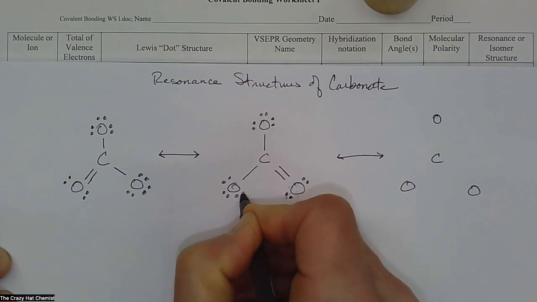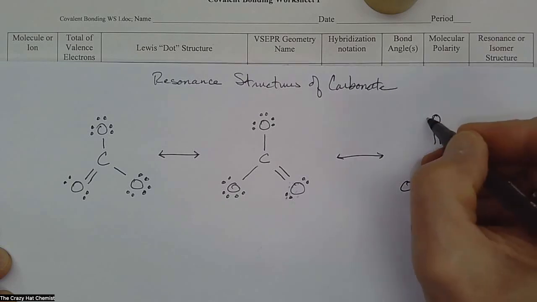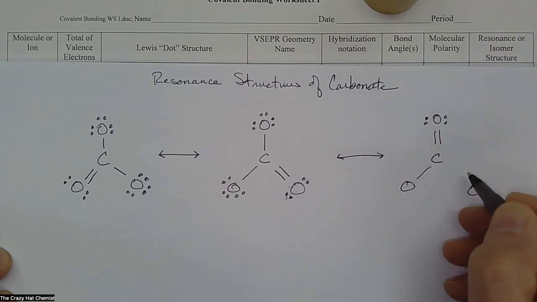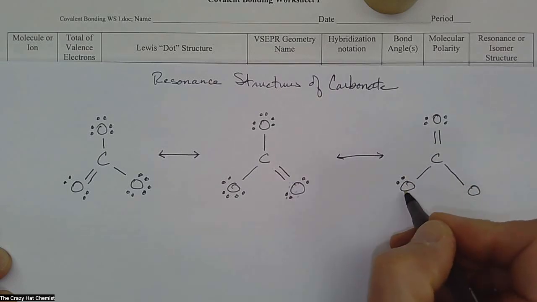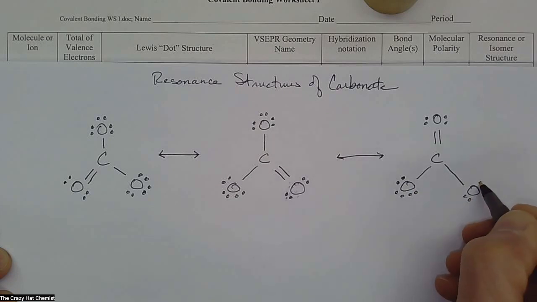And then we have one other option, and that is the top oxygen could be a double bond and then 2 lone pairs, because that gives an octet, single bonds for the other oxygen carbon bonds, and 3 sets of lone pairs of electrons. That also gives an octet. Okay, so some critical things here.